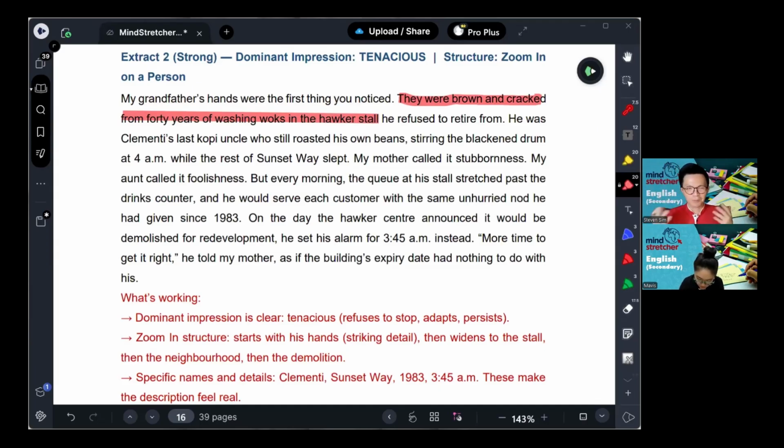Then we can talk about his life, his character, how stubborn he is, his clients, his last day at work. We can talk about all kinds of things. But you want to create that one tiny detail first, because if I can see the tiny detail, I can extrapolate. I can make deductions based on that tiny detail.